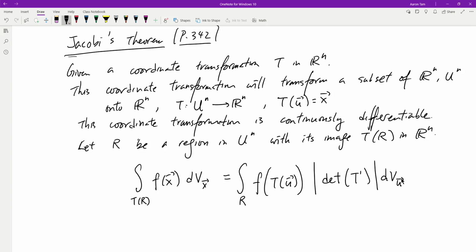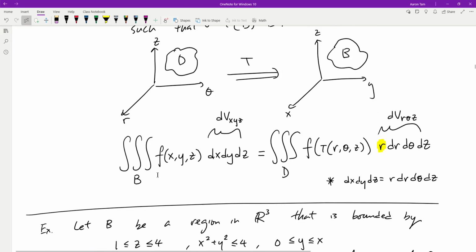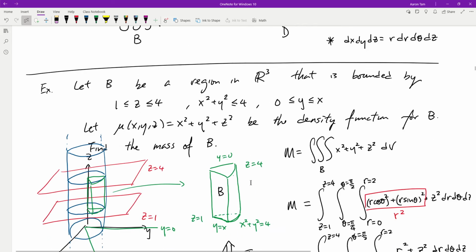So once again, there's a lot of things going on here that I need you to think about and understand. In here, T of R is basically the regions given in the XYZ coordinate, and R would be the region in the polar coordinate, cylindrical coordinate, or spherical coordinate system.